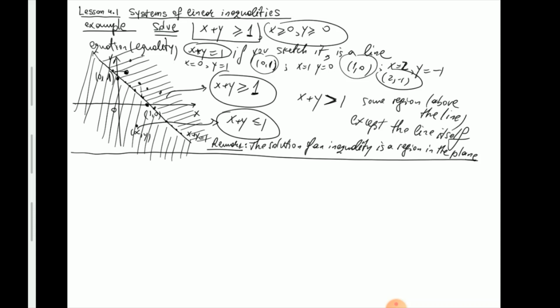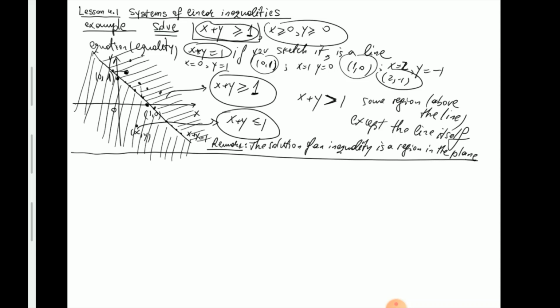If someone says, how many combinations can you find such that x plus y is greater than or equal to 1? Obviously there are infinitely many possibilities: 3, 5, 1,000, a billion. But it's not like you can plug in any number. If you plug in, let's say, -3 for x and -5 for y, that won't be true.